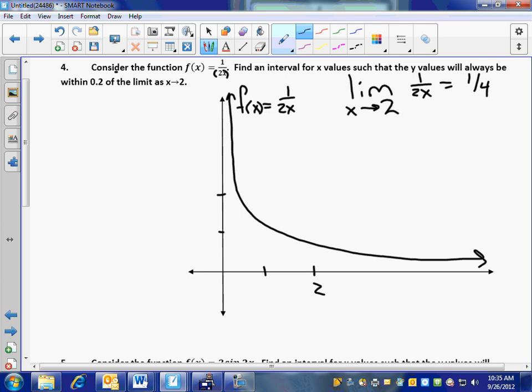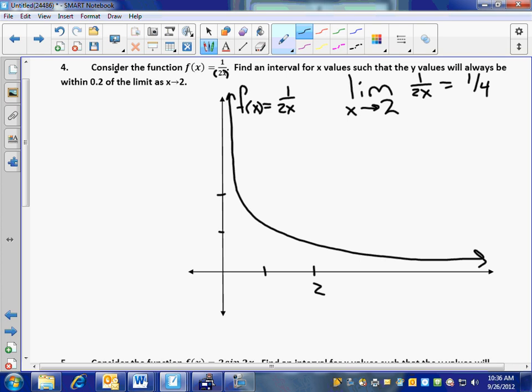Now, could you actually prove that that is true? I mean, we plugged it in, but could we prove that that is true? Limit is the value that the outputs are approaching. Remember when we plugged in numbers really close, like 1, 1.5, 1.9, and 1.999? The outputs got really close to this. And then we tried it from the other side.